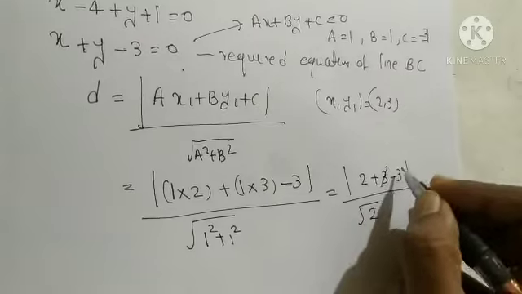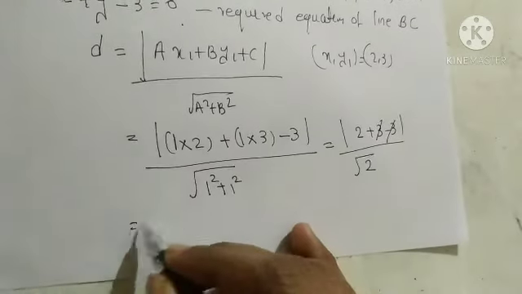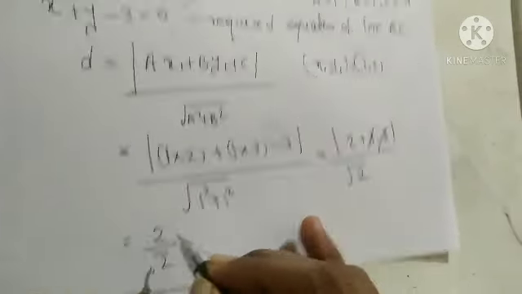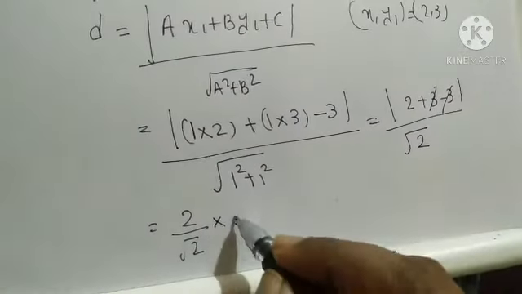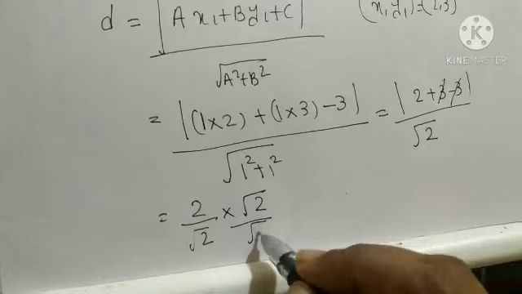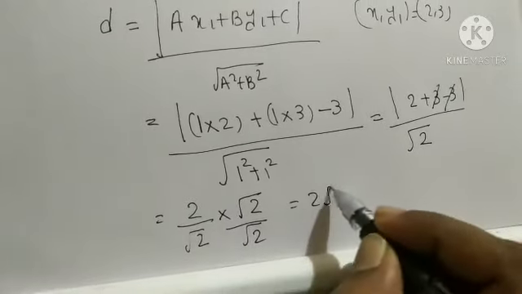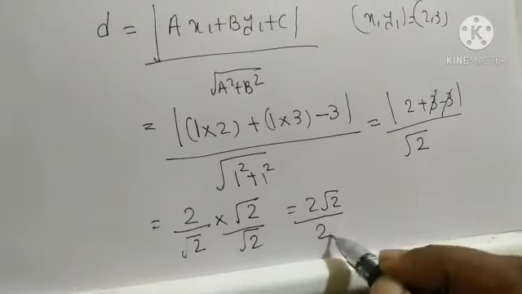So cancelling this plus 3 and minus 3, we get 2 by root 2. On rationalizing, multiplying by root 2 by root 2, it will become 2 root 2 by 2.